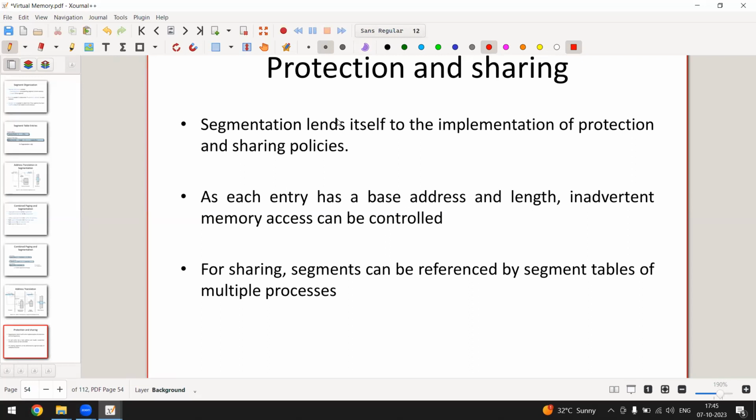As each entry has a base address and length, inadvertent memory access can be controlled. You can control how the addresses are accessed because you have a length parameter. When I access any segment, I have length information, so I know this is the valid length of the segment.